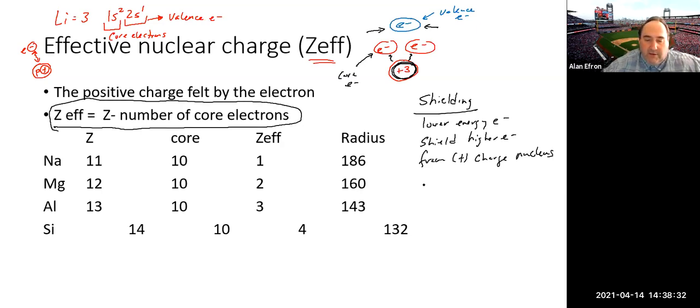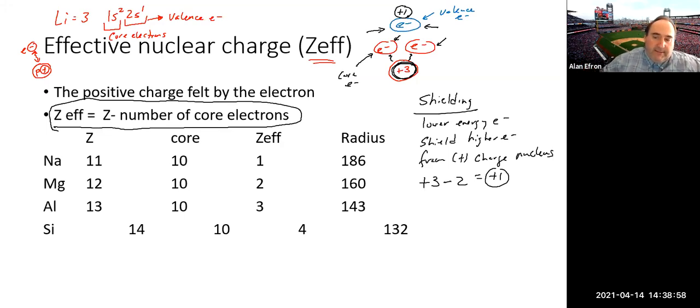The positive charge is the number of protons there, minus the number of electrons that are shielding, which in this case is 1 and 2, gives us a +1 charge. So that valence electron here in lithium is only feeling a +1 effective charge coming off of that nucleus.